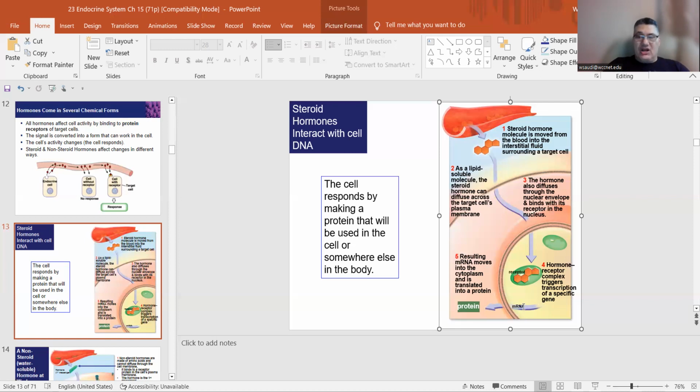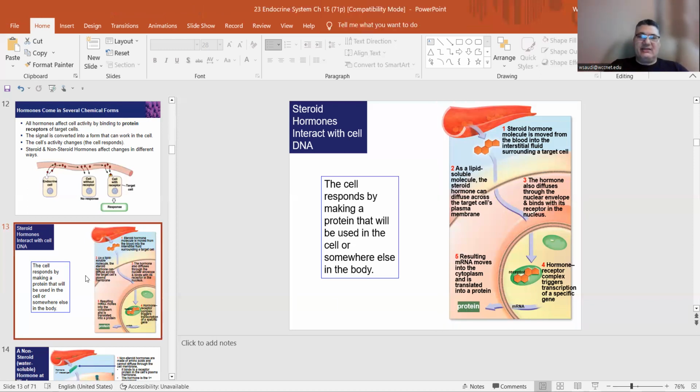I will make the messenger RNA according to the message that's coming with the steroid hormone. Messenger RNA will leave the nucleus through the pores, and I hope you still remember, it goes to the ribosomes and ribosomal RNA, transfer RNA. It's going to make the protein that is desired in this case.